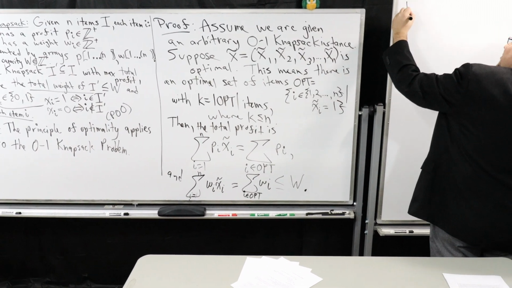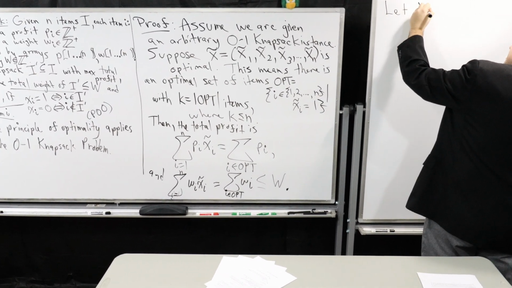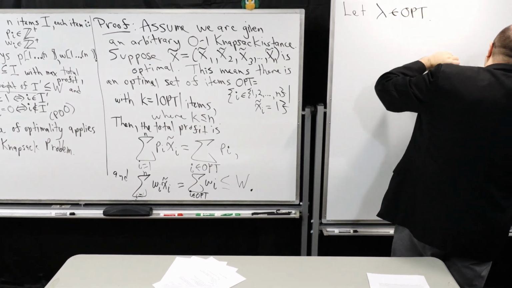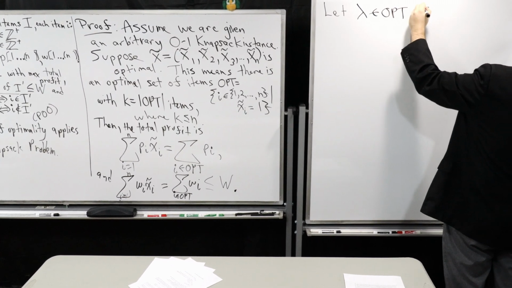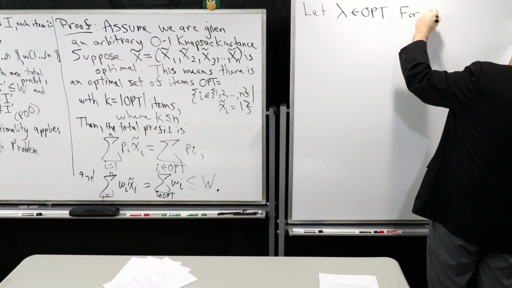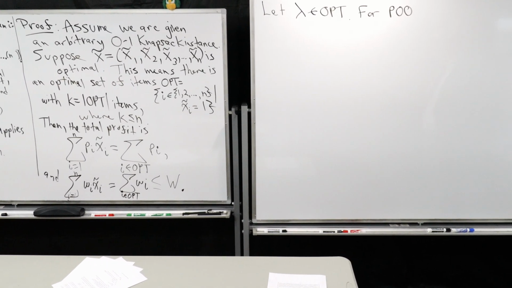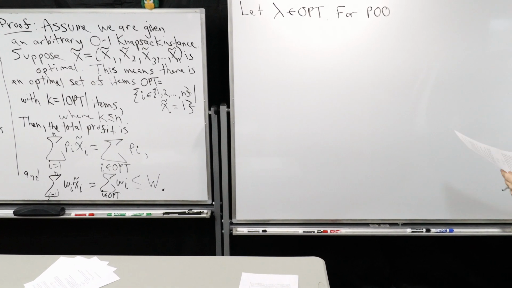So now I'm going to give a name to one item in opt. I'm going to say let lambda be some item in opt.